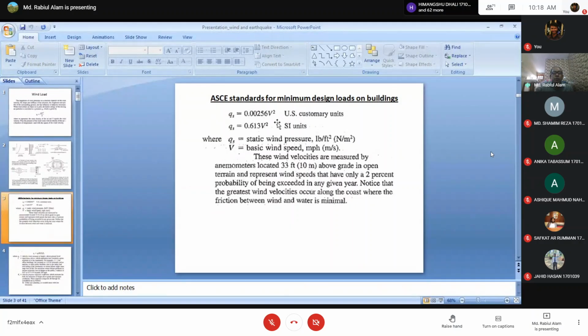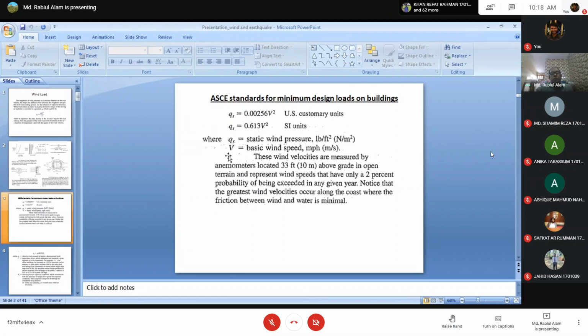Just put that velocity value here, and if you remember this coefficient, then you will get the static pressure on the structures. This formula or relationship was provided by ASCE, the American Society of Civil Engineers, for preliminary or approximated design cases.